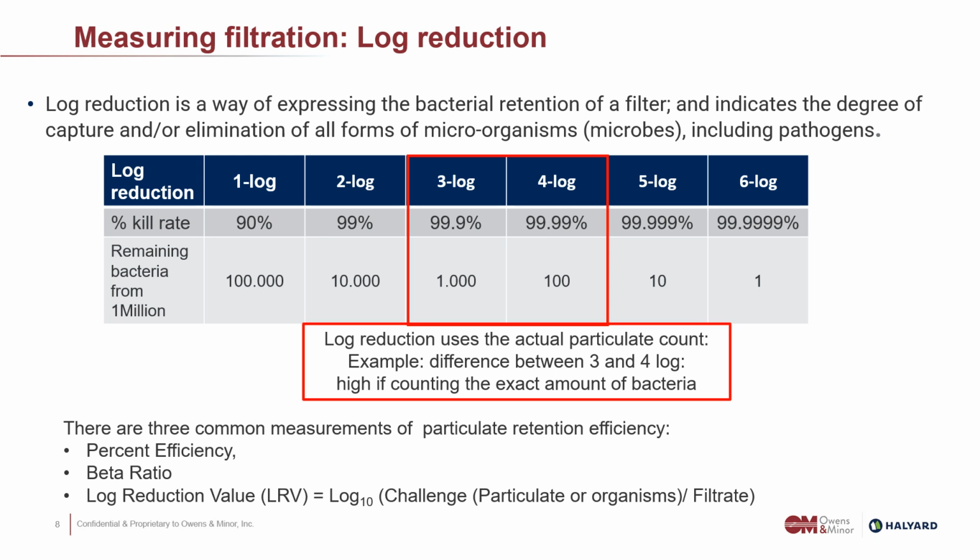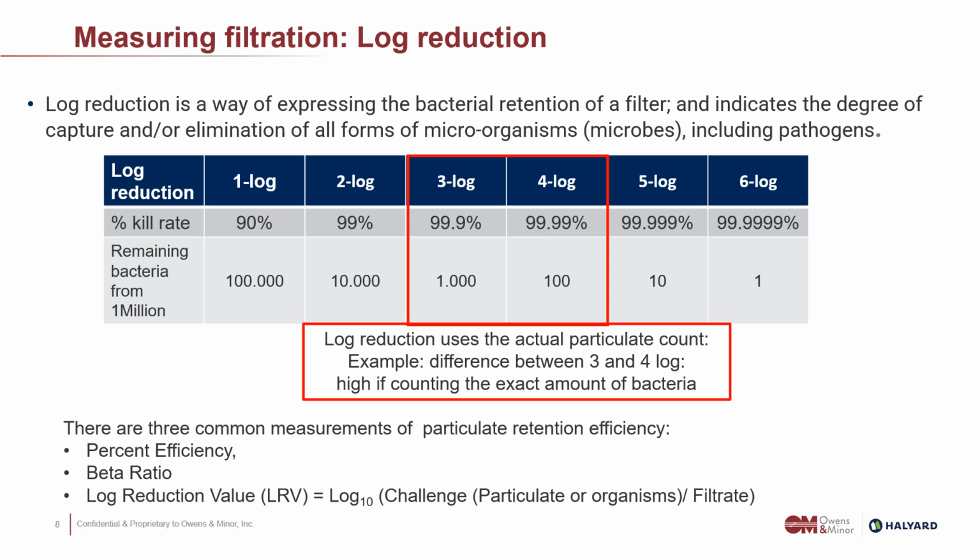If we killed 99.9%, there's 1,000 bacteria that remain. If we killed 99.99%, there's 100 bacteria that remain. In other words, that additional 9 behind the comma is making a huge difference here.